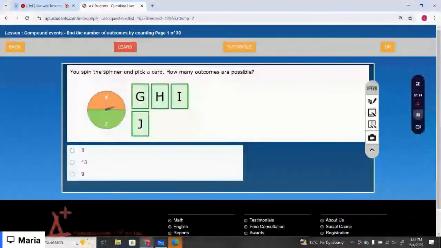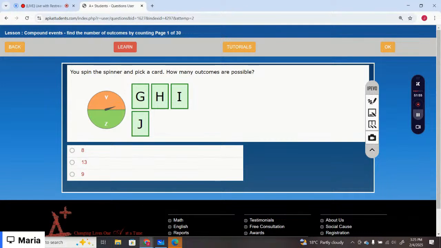You are given the spinner and the cards. You have four outcomes for the cards and two outcomes for the spinner.